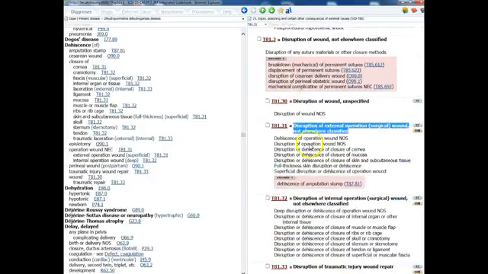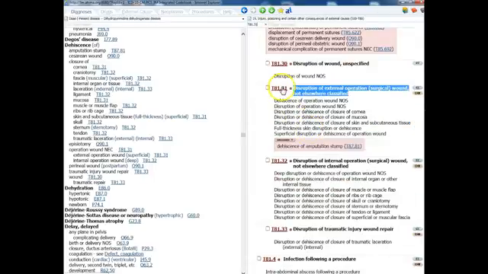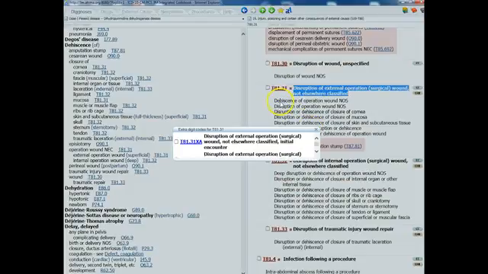And when I go down and I look at my code, and I can easily find it because it's highlighted in blue, I'm going to click on my red code and I'm going to choose initial encounter. If it doesn't tell you otherwise in this book, it's an initial encounter. So my code here is T81.31XA. And that's for the dehiscence of my surgical wound.